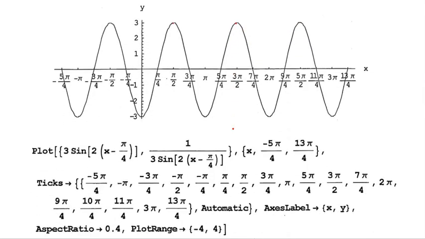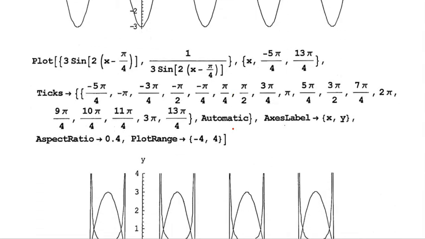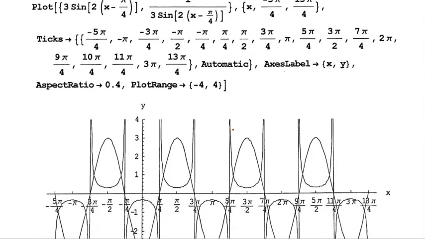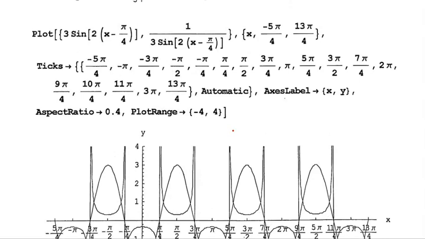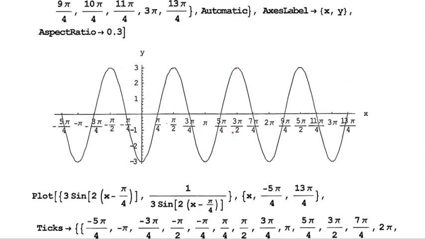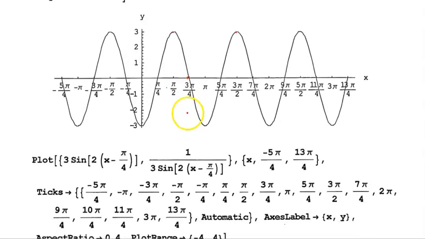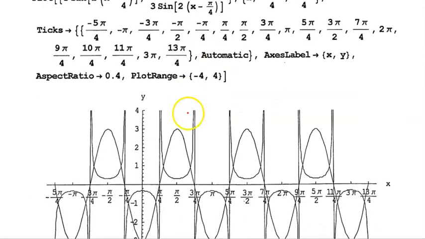Now to get the reciprocal, same thing again. You can see wherever this is 0, then you're going to have an asymptote. So at x equals 3 pi on 4, you're going to have an asymptote, pretty simple like that. The only thing that will happen now is that the reciprocal graph will come in underneath here.